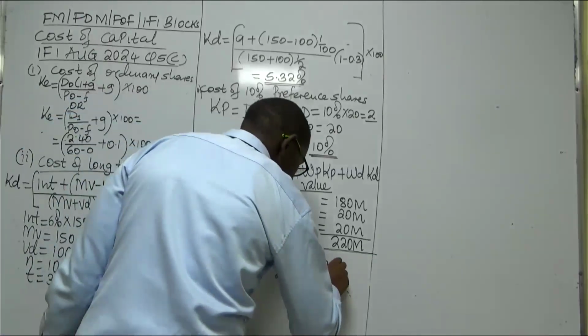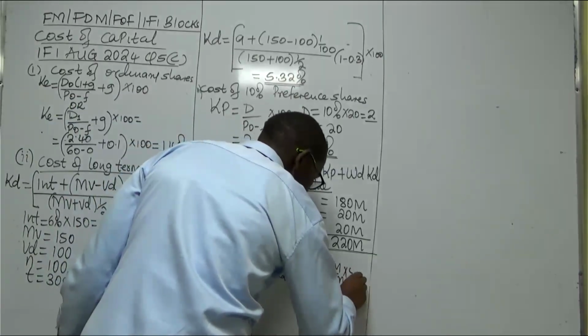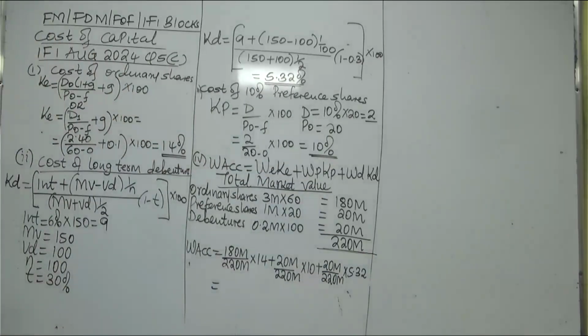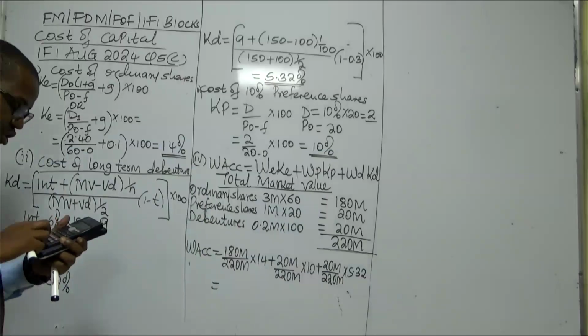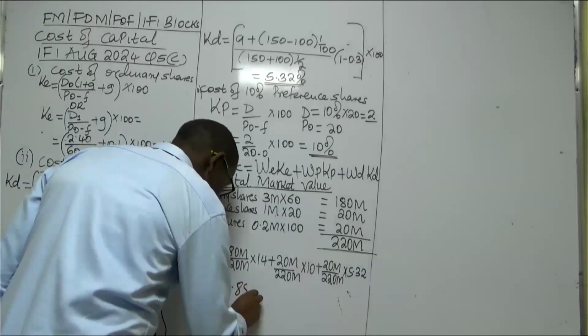Then 20 all over 220, multiplied by 5.32. What will be our WACC? This is 12.85%.